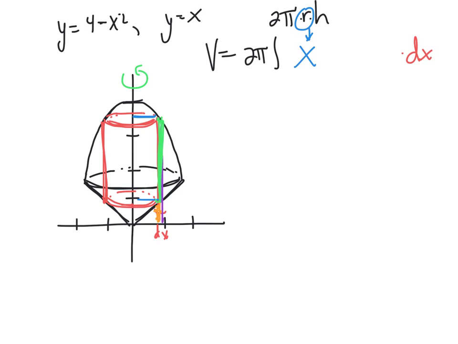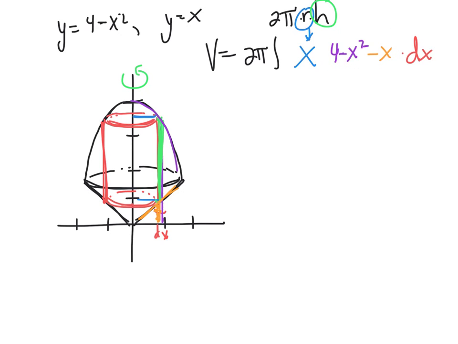So that green height can be defined as the purple minus the orange, where the purple is the height of my parabola, so that's 4 minus x squared. And I'm subtracting from that the orange part, which is the height of my line. That gives me my height.